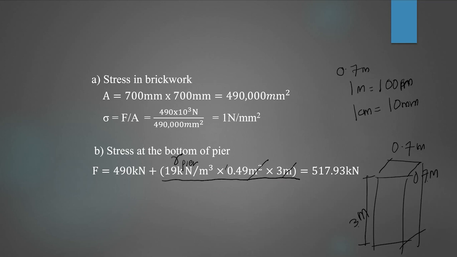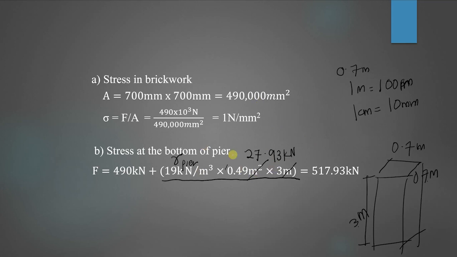Yeah, it is 27.93. Okay, so this 27.93 is the weight of the pier. When you multiply all this, you will get 27.93. So that is the weight of the pier.